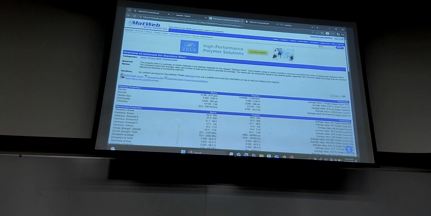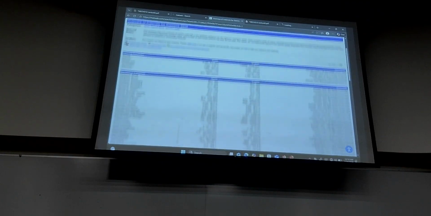All right, so in the text box here, previously, when the internet was working, I put in steel and it gave you lots of options to pick from. If you know the material, pick it. If not, then go for one or two average. For instance, I picked stainless steel, and it gives you all this information.